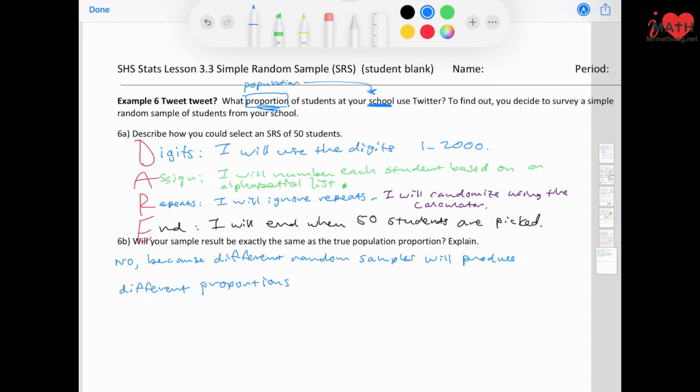It could just simply be a yes or no, and you survey 50 students and 37 of them say yes, or 16 of them say yes. Every time you take a sample of 50, it's going to be different. That's what we're trying to say.